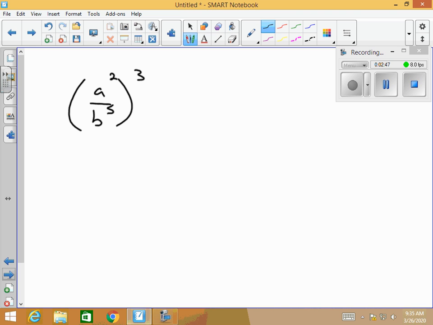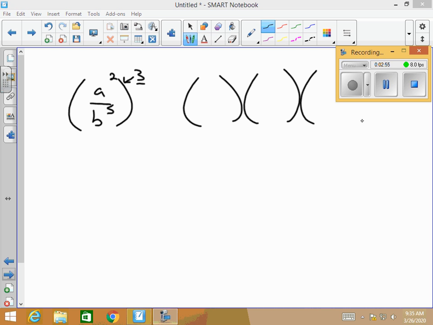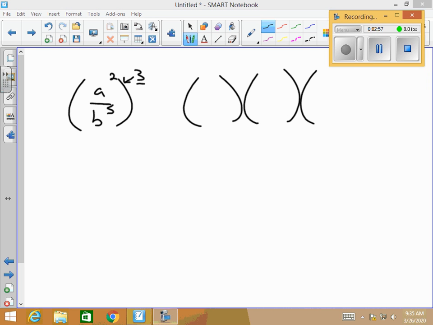This 3 applies only to that thing directly in front of it, which means, yes, I have 3 parentheses. I have a squared in the numerator of all of them, and I have b to the 5th in the denominator of all of them.